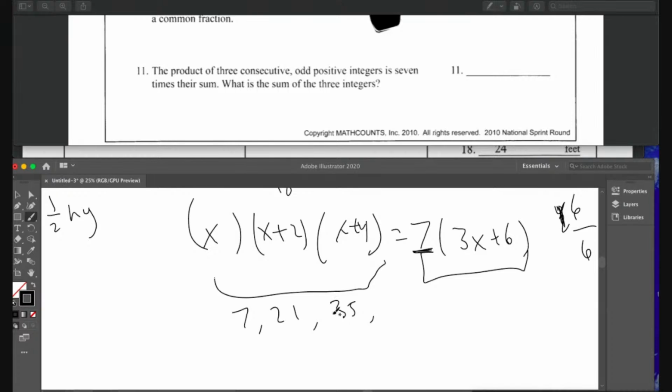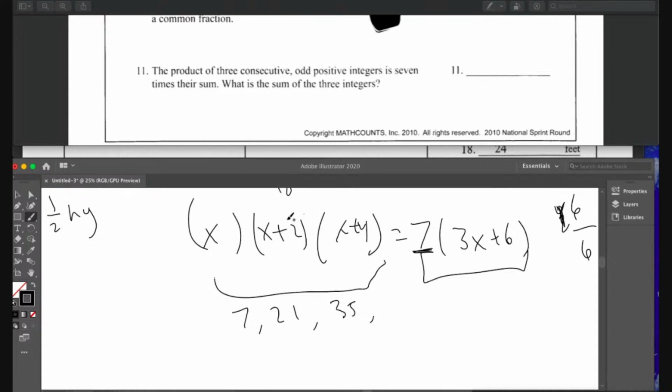If you have these numbers, that would be pretty big. So you could test one of these numbers being 7 and see if that works.